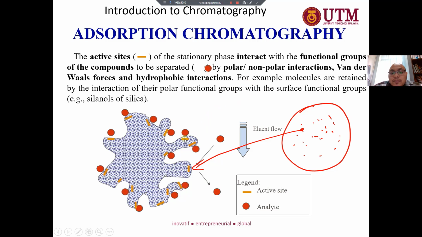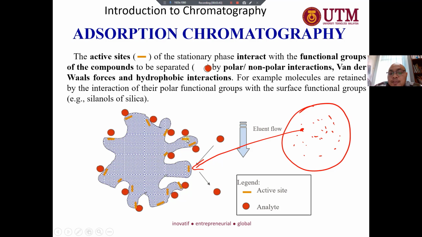Again, if the active site is polar, the analyte that is polar will interact. The analyte that is least polar or non-polar will elute first. The analyte that is polar will elute last because it interacts the most with the surface.